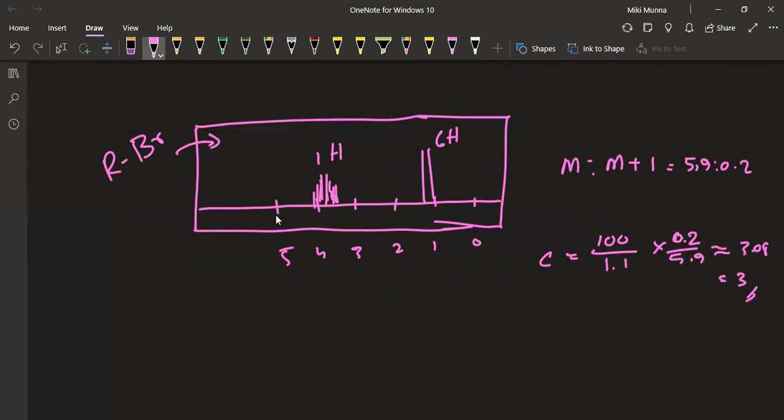A doublet is when the neighboring carbon has 1 hydrogen only. But it is saying this carbon should have 6 hydrogens. From our previous example, we got to know that if such a thing is written, there should actually be duplication. This should be a possibility.